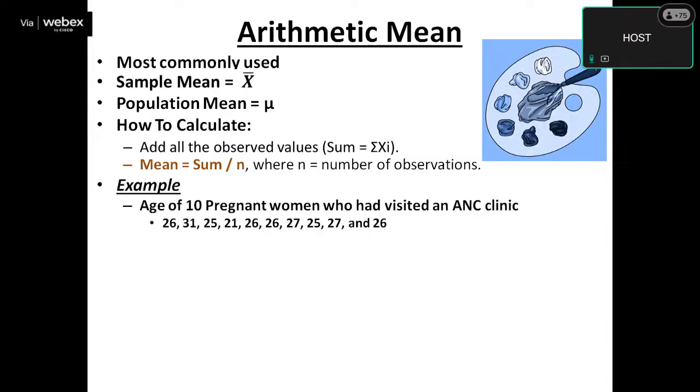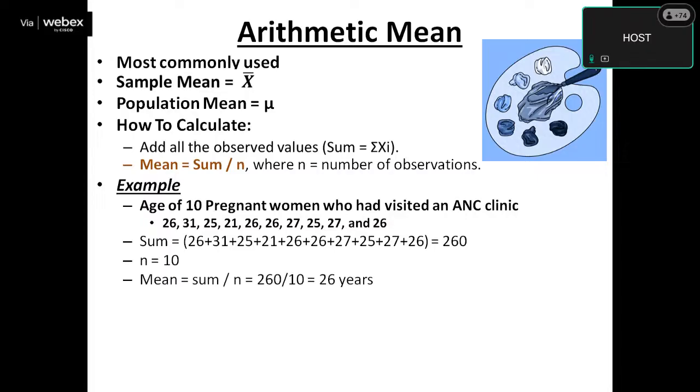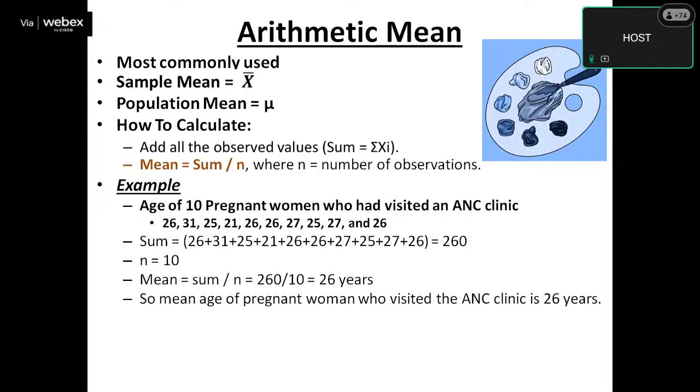Let us see the example: the ages of 10 pregnant women visiting the ANC clinic. Summing all the observations and dividing by the number of observations, 10, we get 26 years. So that is the mean age of pregnant women visiting the ANC clinic.